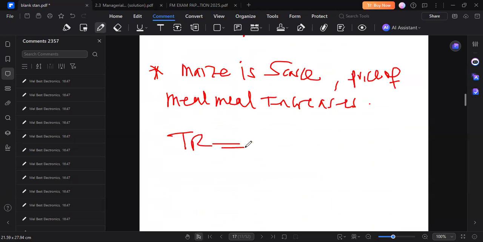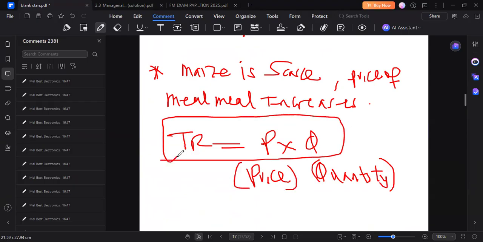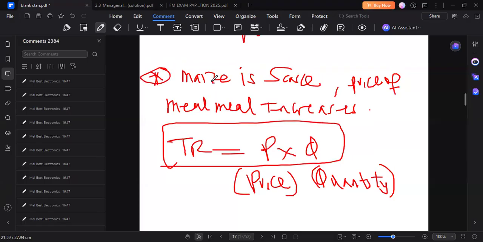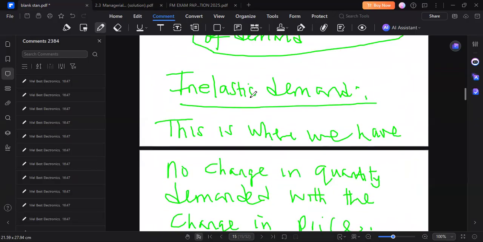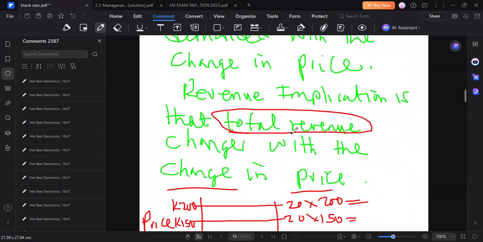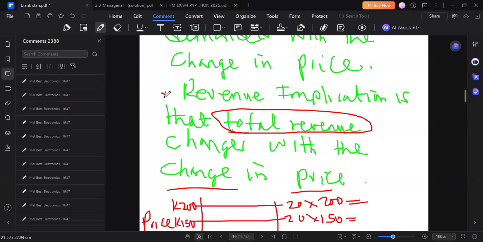Total revenue is price times quantity. I'm sure you're with me, right? So this is inelastic demand. There is no change in quantity demanded, but there is a change in price, so the total revenue changes with the change in price.